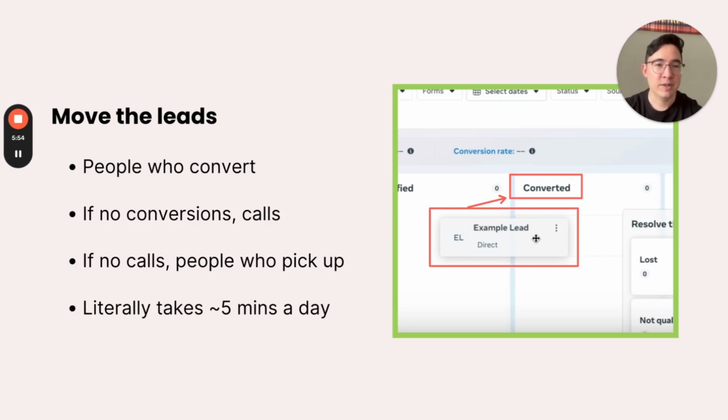If you haven't got anyone who's converted, you put in people who've had sales meetings so you get more of those people, and then eventually you have conversions out of that. Then you move all the people who've had just sales meetings but haven't converted back into the qualified or the intake columns. But if you haven't had any of those, you can move people who at least pick up the phone into the converted column. So you get more people who pick up the phone, and then hopefully you get more sales consultations, more conversions, and then you move those people out and just keep the conversion people in.